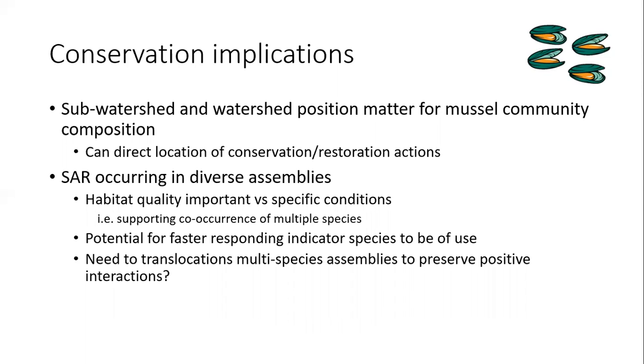And there is potential for faster responding indicator species to be of use for identifying these high quality sites. And there also poses whether there is a need to translocate multi-species assemblies together in order to preserve positive interactions. And so I'm looking forward to continuing to address these questions as I continue my analysis.